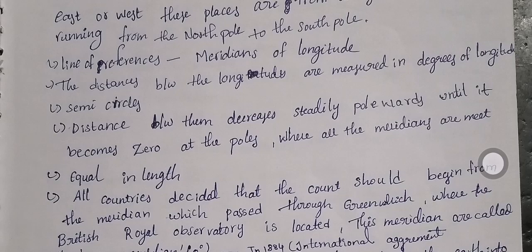That means all longitudes meet at the North Pole or the South Pole, at 90 degrees.